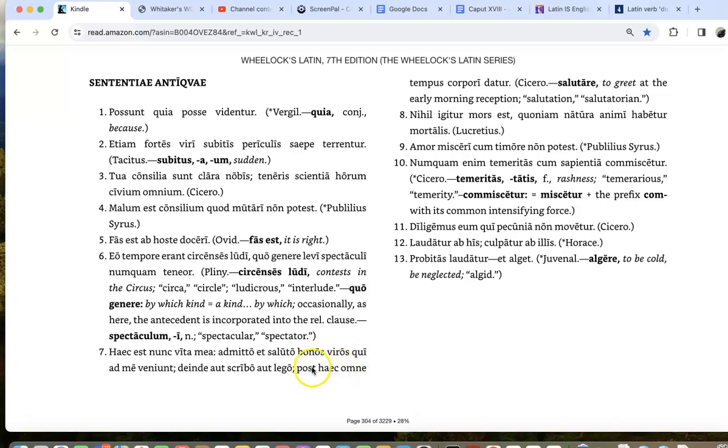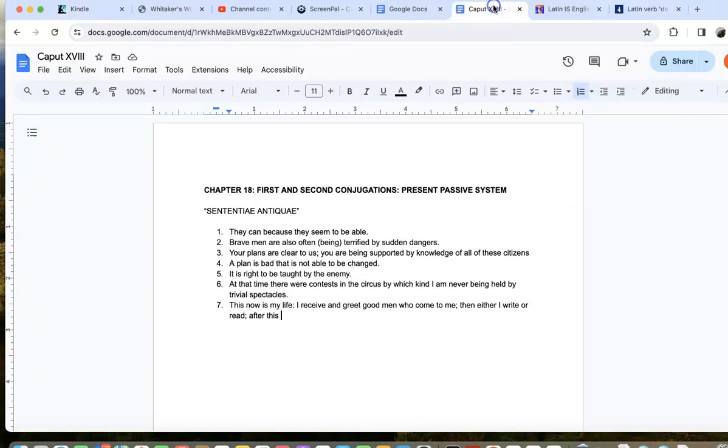But going back to our textbook, after this, all my time is being given to the body. I'm going to put in my, even though it doesn't say my. All my time. So datur, to the body.